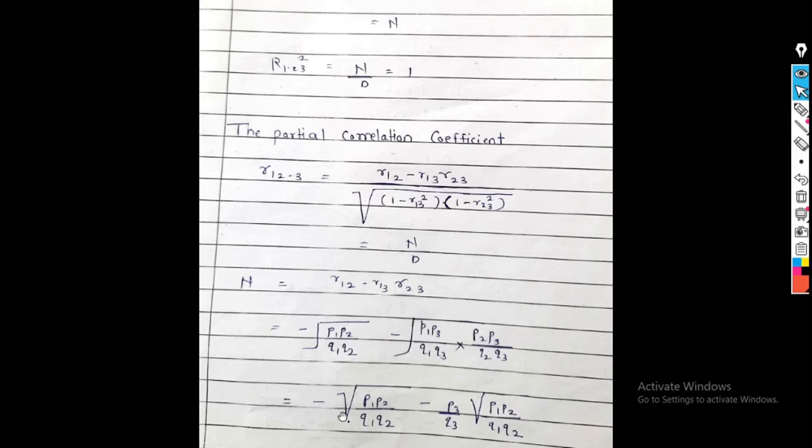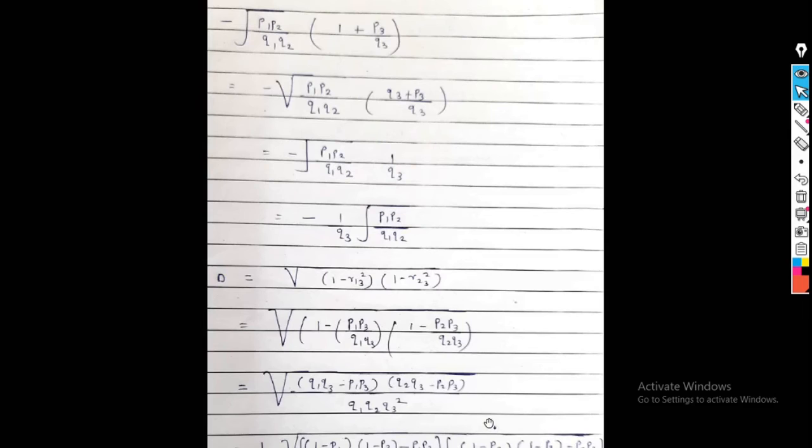So minus square root of P1 P2 divided by Q1 Q2. P3 into P3 is P3 square, and the square root gets cancelled, so we can take it out of the square root. Again Q3 and Q3 square, we can take it out of the square root. So minus P3 divided by Q3 in bracket, square root of P1 P2 divided by Q1 Q2.